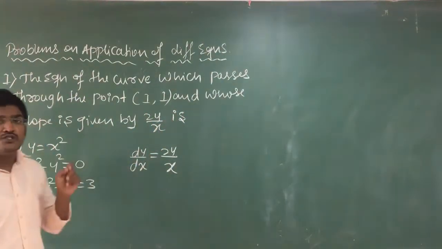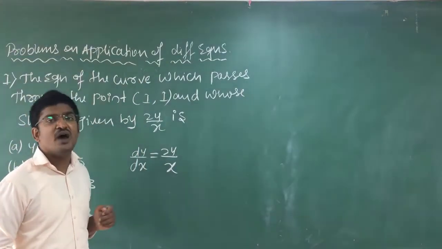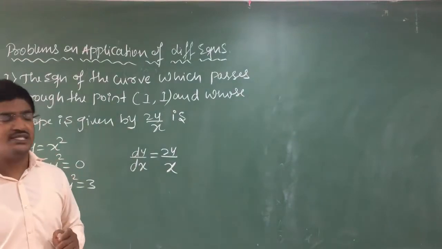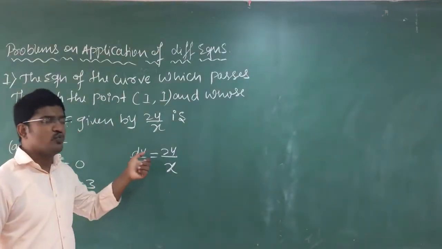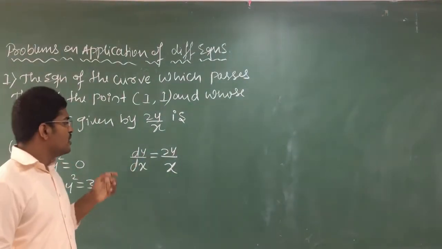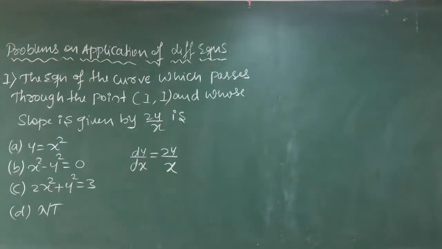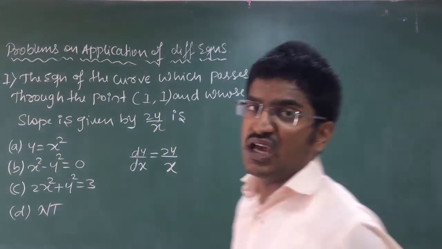That means the slope of the curve is written as dy by dx. So dy by dx will be equal to 2y by x. Now you have to solve this differential equation and find the solution of that differential equation.